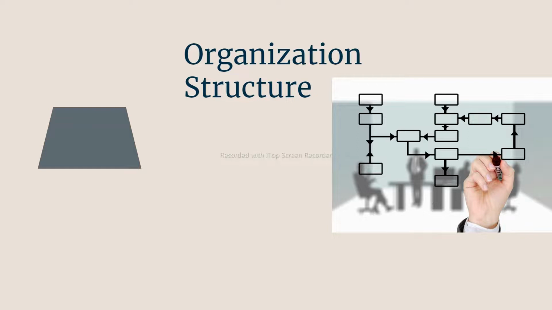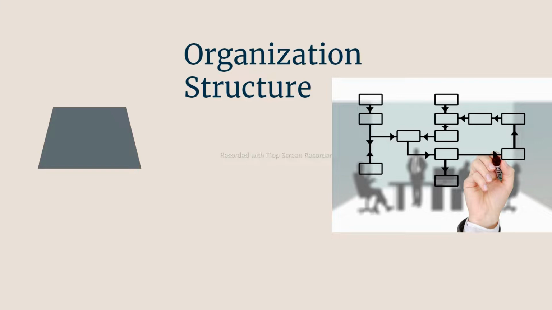Factors considered in formulating organizational structure. Several factors are considered when formulating an organizational structure, including organizational goals, size of the organization, nature of the industry, culture and values, external environment, legal and regulatory requirements, and leadership style. Types of organizational structure.